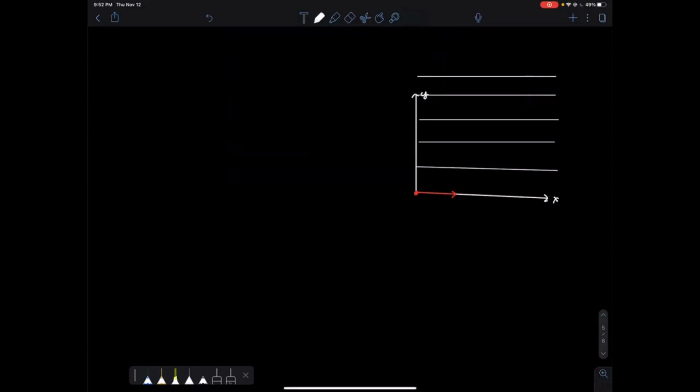And then we're going to do the same thing this way: 1, 2, 3, 4, and 5. Here we go. That is a grid, and we're going to pretend that it's even.